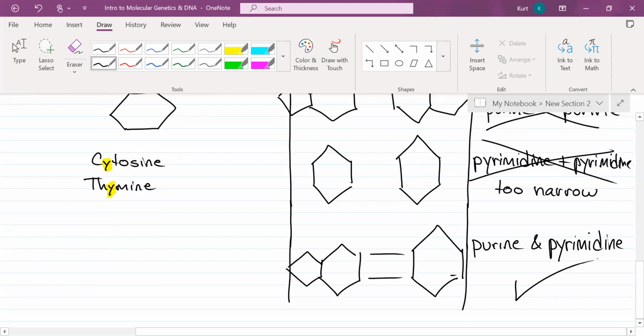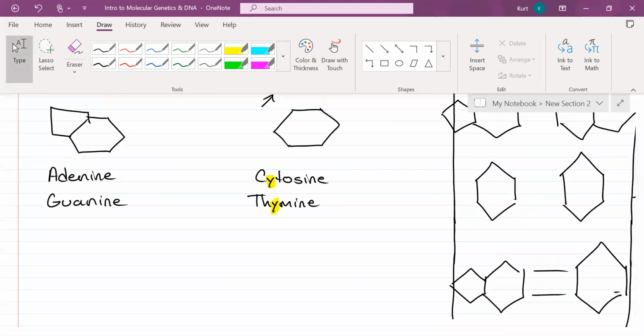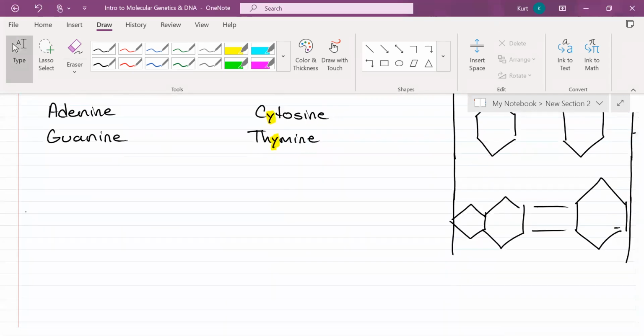And that actually does match what was on that X-ray crystallography too. So two purines is too wide, two pyrimidines is too narrow. A purine and a pyrimidine is just right. It's kind of like Goldilocks. All right.